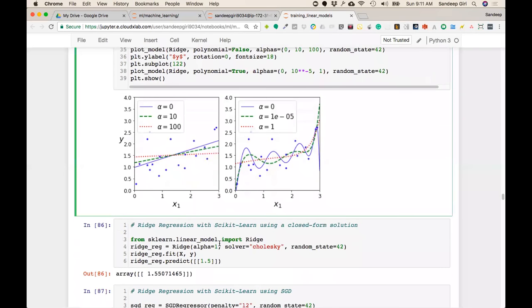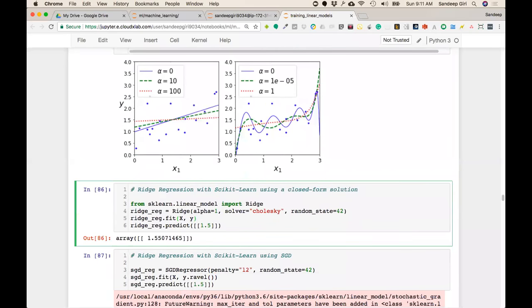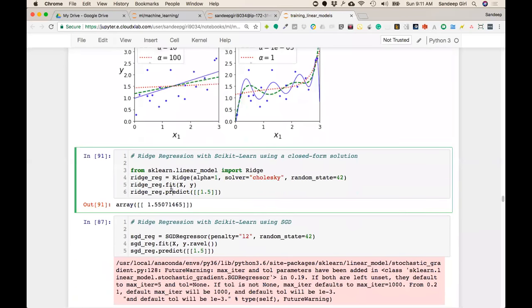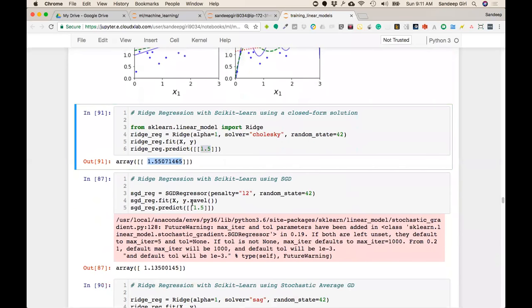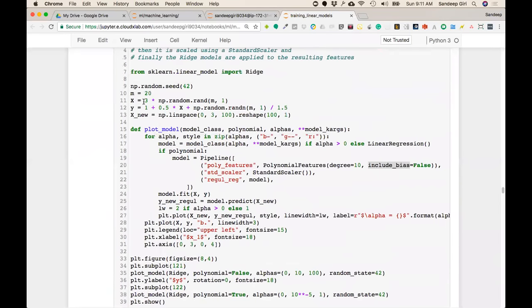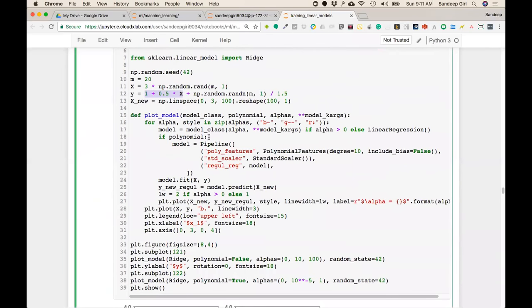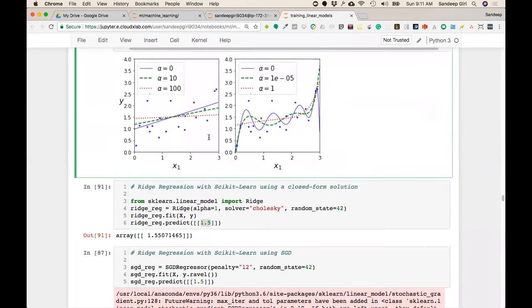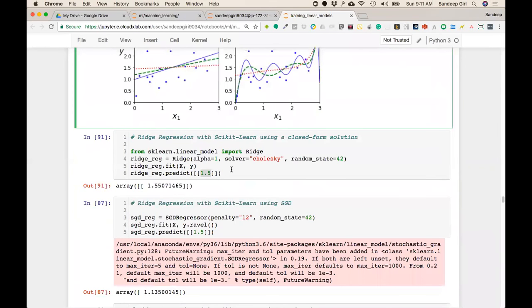So let's take a look at this example. We are trying to predict the value of y given the value of x. So 1 plus 0.5x.